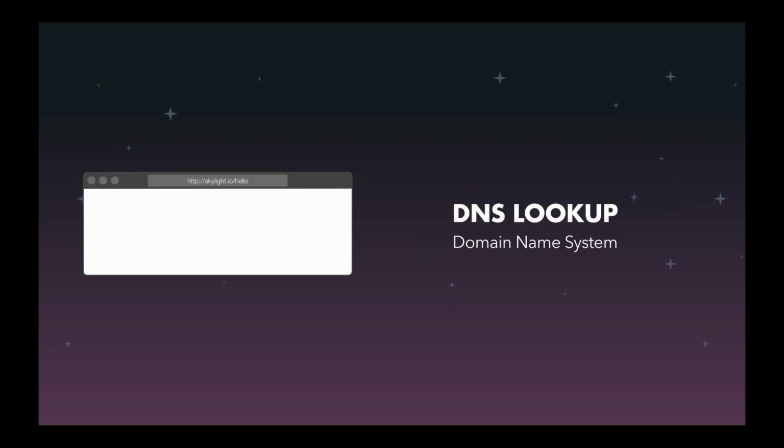So that system that helps your computer resolve skylight.io or example.com or what have you into the IP address is called the DNS system. It stands for domain name system, right? So the act of resolving that name into the IP address is called DNS lookup.